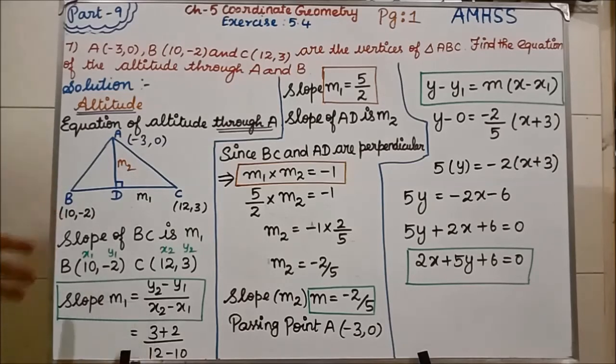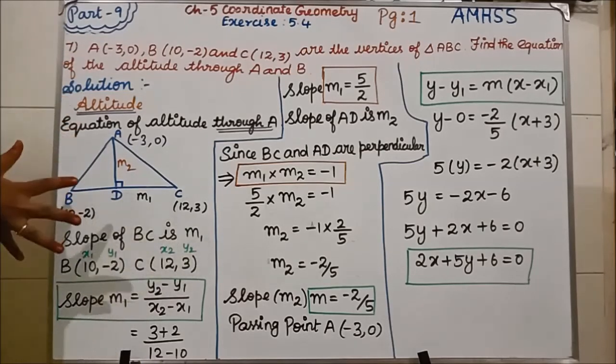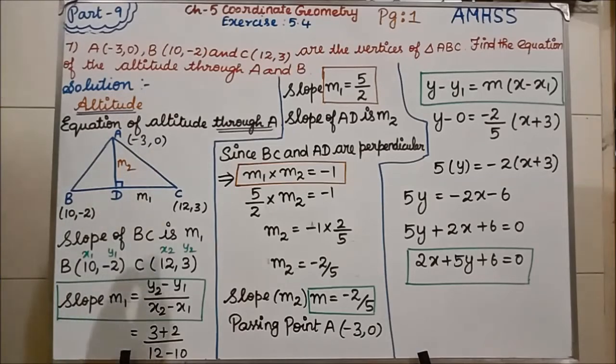Clear students? See how I am doing the 7th problem. The same procedure, same steps, we are going to do for the 6th problem as homework. Clear students? Now we'll start the solution. Slope of BC, B and C is M1, isn't it? Now see, B point is given, C point is given.